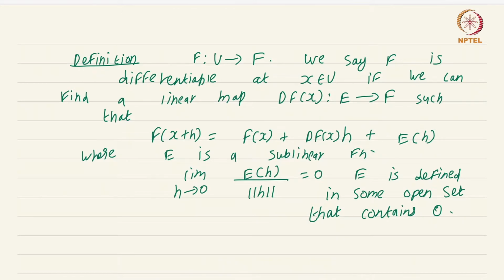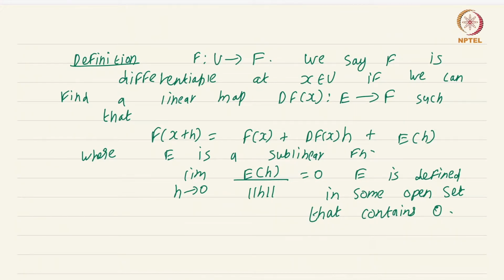The way we have been formulating the definition of the derivative is exactly the same as what we saw some 20 videos ago when we first introduced the derivative in the context of one variable functions taking values in R. The exact same definition works. This part is the affine linear good approximation. This E is the error term. The fact that the error term is small is quantified by the fact that limit h going to 0 of E of h by norm h equals 0.